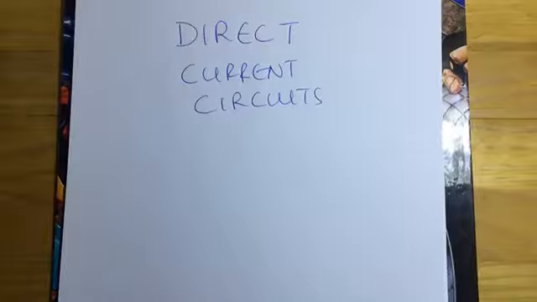All right, we are set to start. So, direct current circuits. When we finish doing direct current circuits, since we've done a little bit of rotational motion, then we can do oscillations.